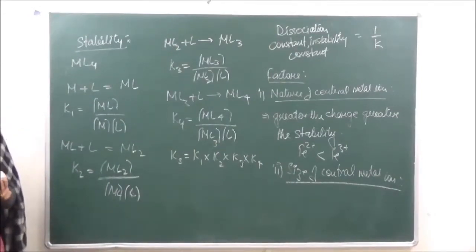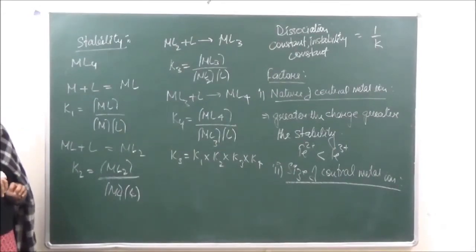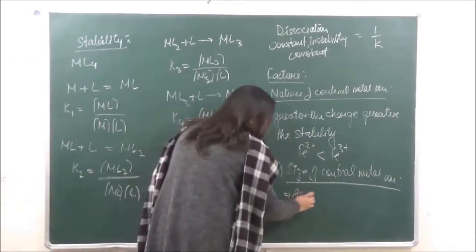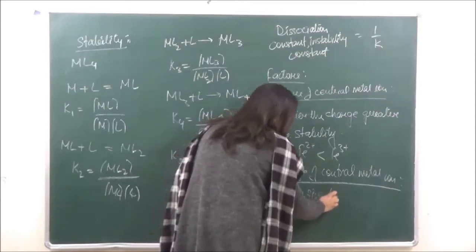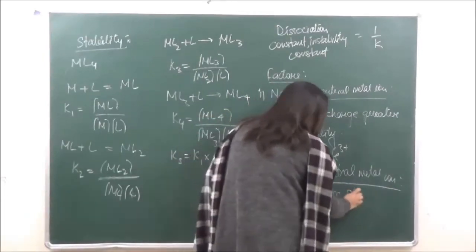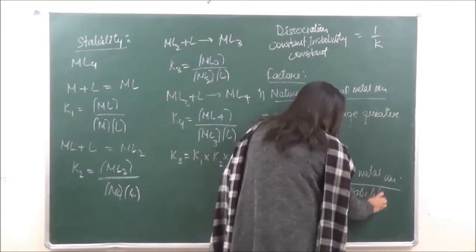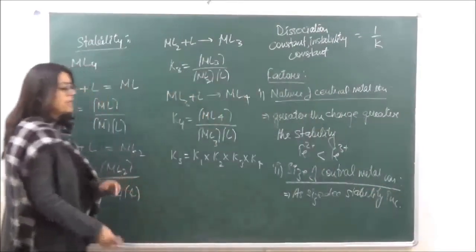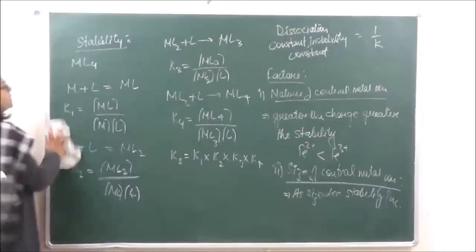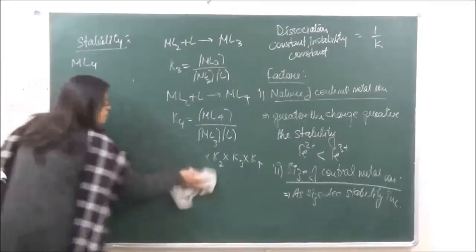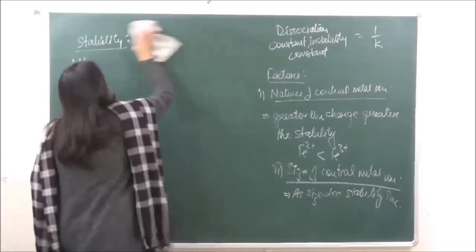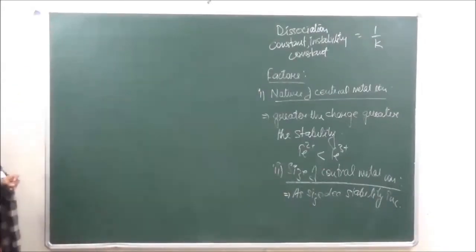It is seen that as the size decreases, the stability will increase. Like for example, let's take the sizes of a few cations.